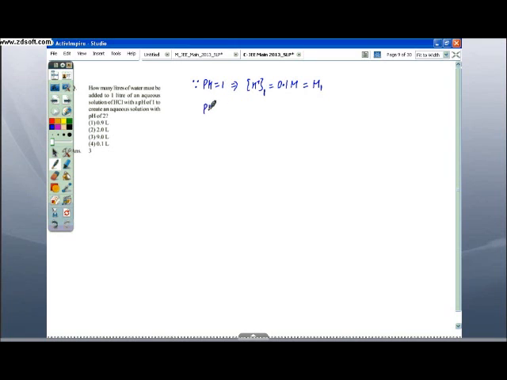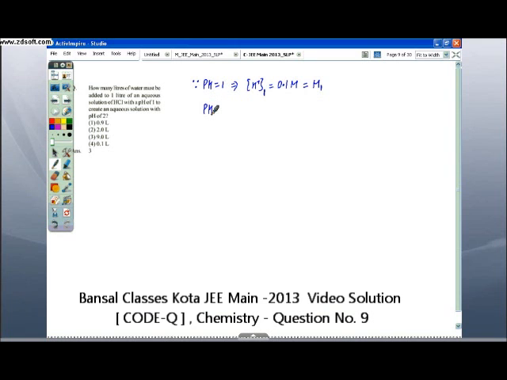Now we have to convert this solution to one which has pH equal to 2. So concentration of H+ final is equal to 0.01 molar, and this is, let us say, M2. Now V1 is 1 liter.